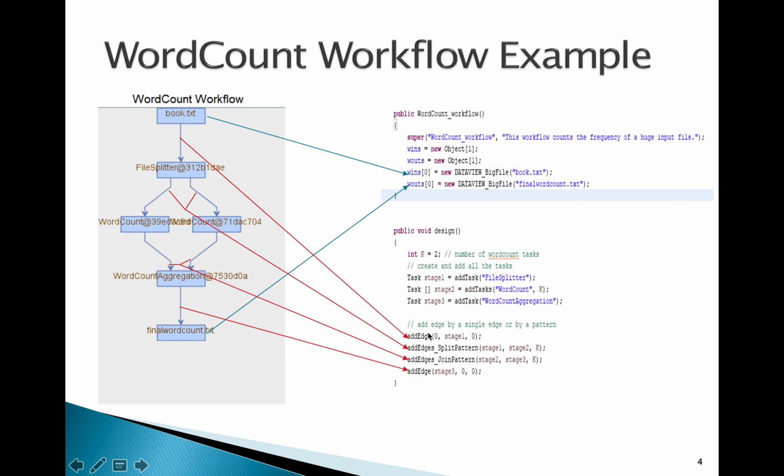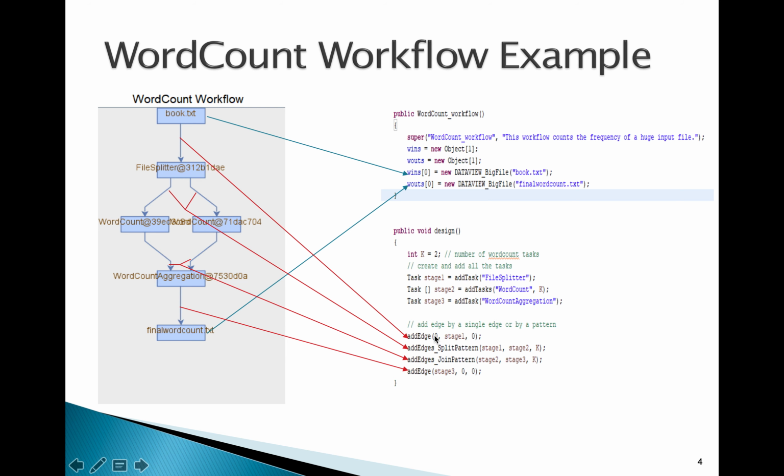We will use one parameter, which is the index of the workflow input. The index is 0, and index 0 represents the big file.